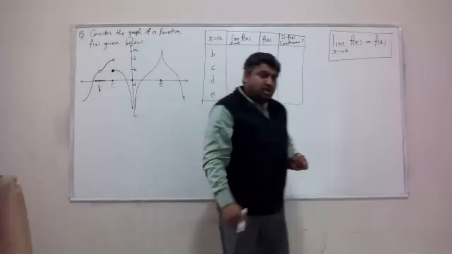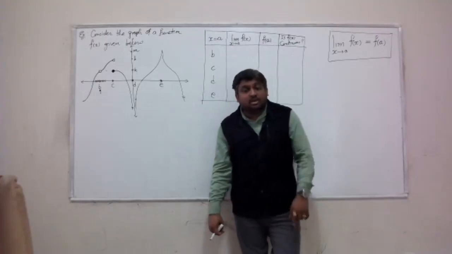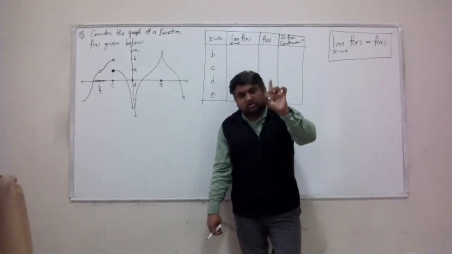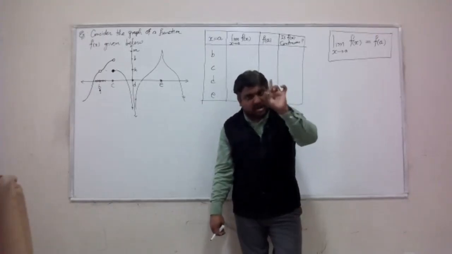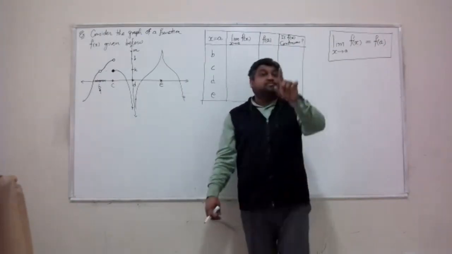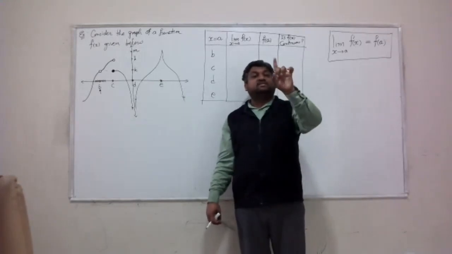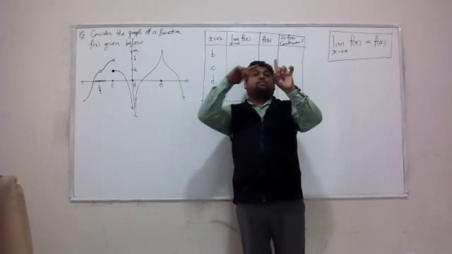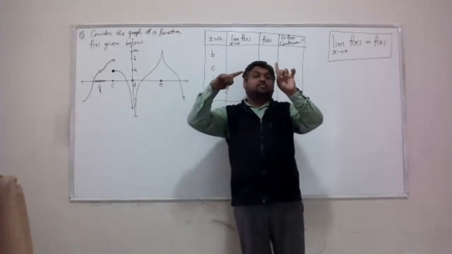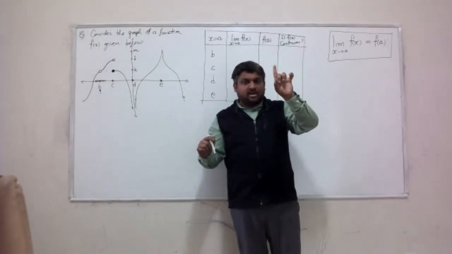Let me remind you the rule of this game called limit of the function. You can go as close as you want without hitting that point, right? For example, if you try to observe the behavior of the given function when x is near 1, and you are approaching 1 from the left side of 1, on the left side of 1 you have a number smaller than 1, right?